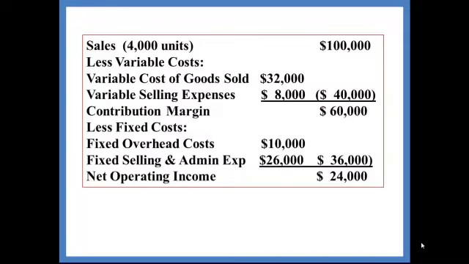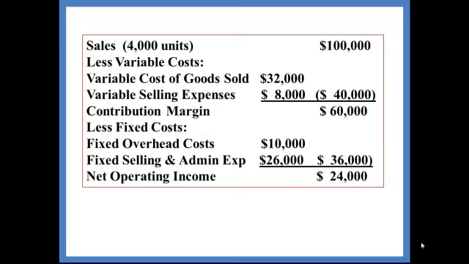So last month, we sold 4,000 units and sales were $100,000, variable cost of goods sold $32,000, variable selling expenses $8,000, so our total variable costs were $40,000, leaving a contribution margin of $60,000. Our fixed overhead was $10,000, fixed selling and administrative expense was $26,000, so net operating income is $24,000.